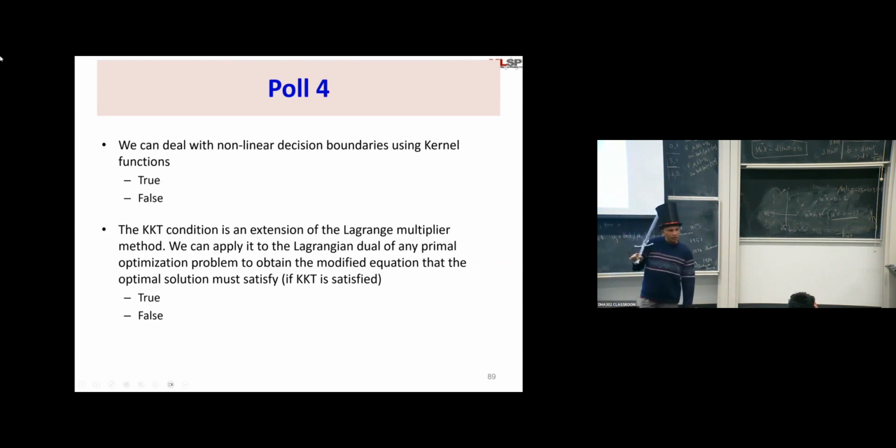Okay, first statement true, third false. Second is also right, both of them are true. The KKT, the Karush-Kuhn-Tucker conditions: what was the difference between the KKT and Lagrangians? The standard Lagrangian that we studied. What was the difference, guys? For the Lagrangians, we only consider equality constraints.